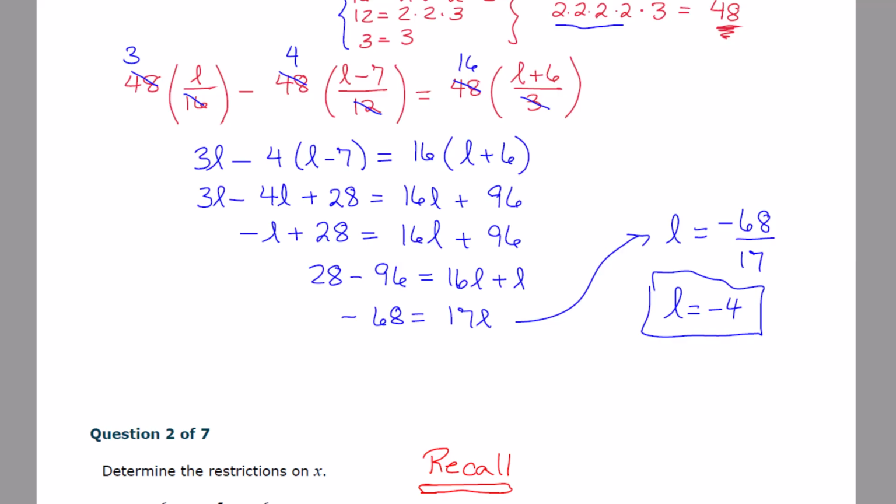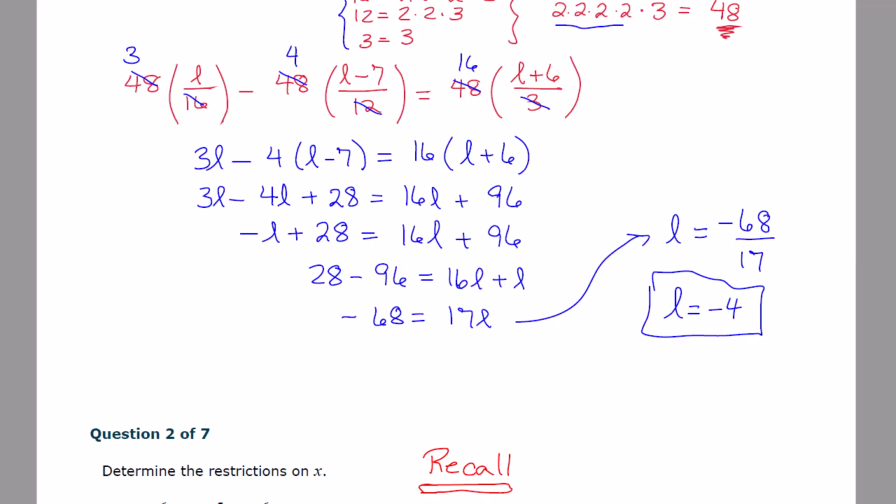Well, 16 will go into it 3 times, giving me 3L. 12 goes into it 4 times, giving me 4 times L minus 7. 3 goes into 48 16 times, giving me 16 times L plus 6.